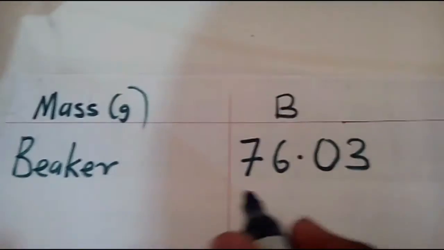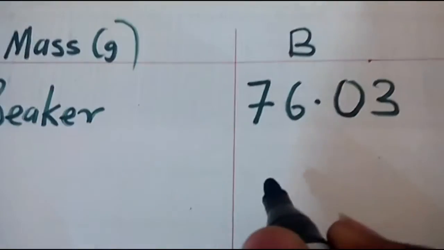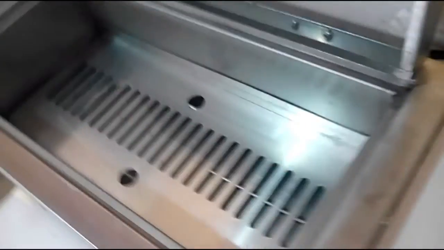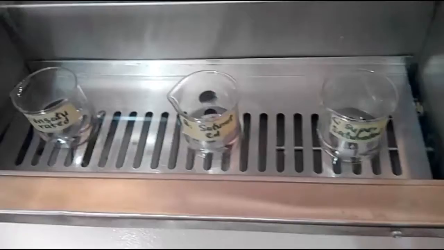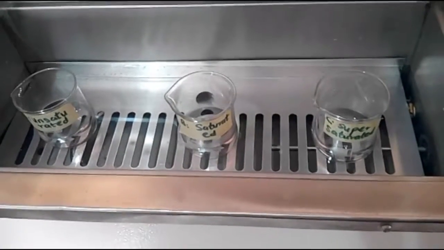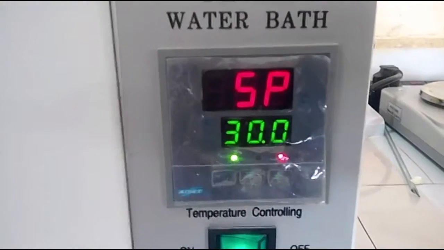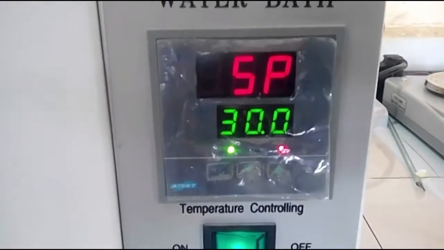We then put our values in a table of values. The next step is to place all our 3 beakers in a water bath. This water bath is set at 30 degrees centigrade.